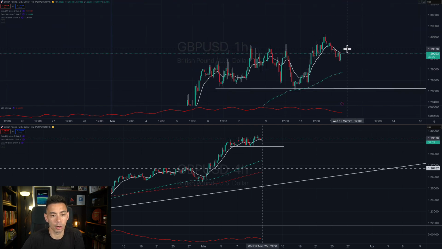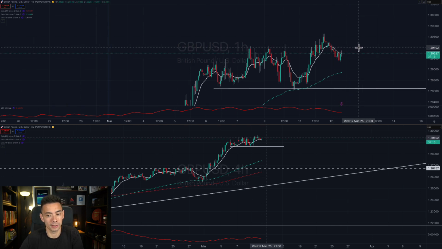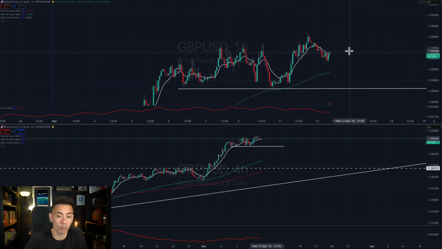So if you were more aggressive, you'd probably want to wait for the market to close above the 10-period moving average, indicating a momentum shift to the upside, and then look for buy opportunities from there. It really depends on your lens. If you're looking from a much shorter term lens, you'd be looking for buys from here. If you want to be a bit more conservative and patient, which is typically the way I trade the markets, then you'd be waiting for the market to come back to 1.2865.